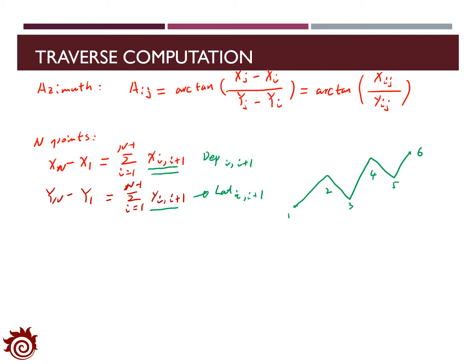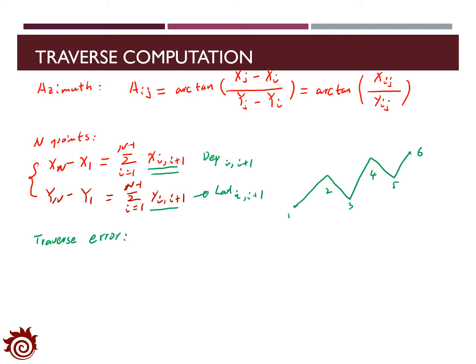We need to use these two conditions to check the errors for the traverse based on these coordinates. In that sense, the traverse error is defined by the following two equations.